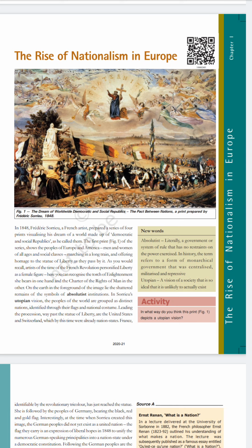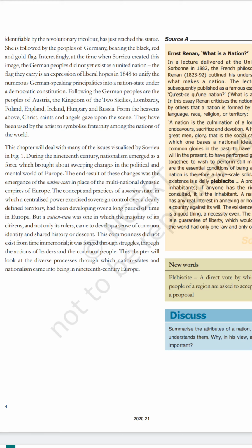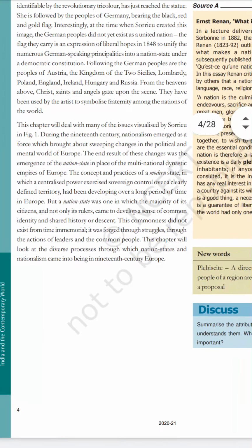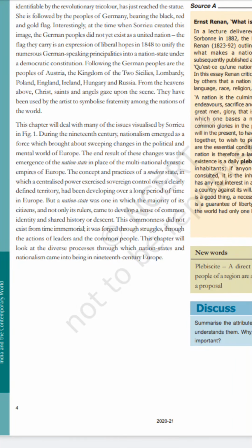As a result of the spread of nationalism in Europe, what happened? It brought total changes in the mental and physical world of Europe, sweeping changes across the continent.